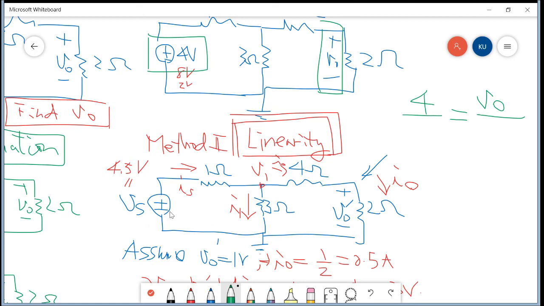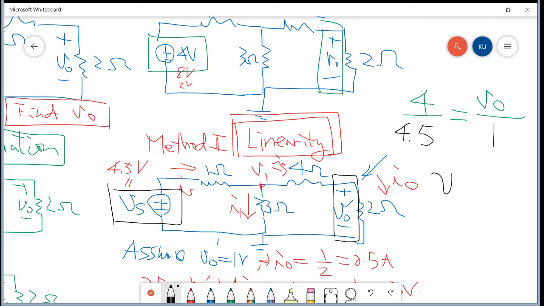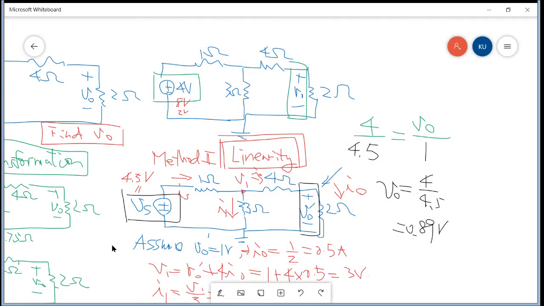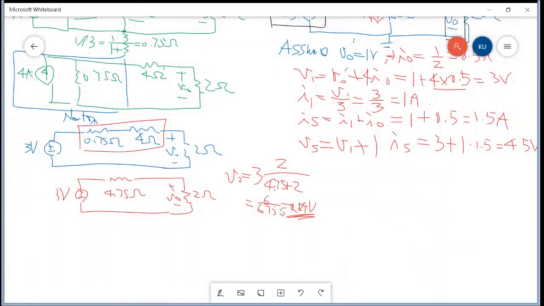So in this case, Vs is 4.5, and V out prime is assumed to be 1 volt. So finally, we have V out to be 4 over 4.5, which is 0.89 volts, which is actually the same as this one.